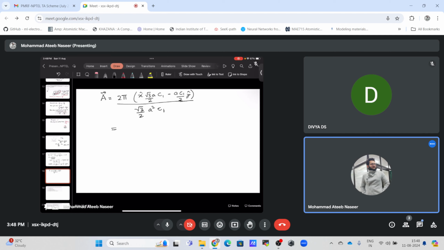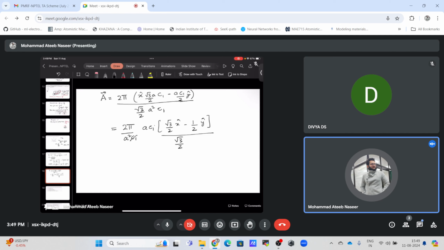So it is simply, if I take this to be common, this will simply be equal to 2π/a² c1 times (a c1 times (√3/2 x̂ − 1/2 ŷ)) divided by √3/2.